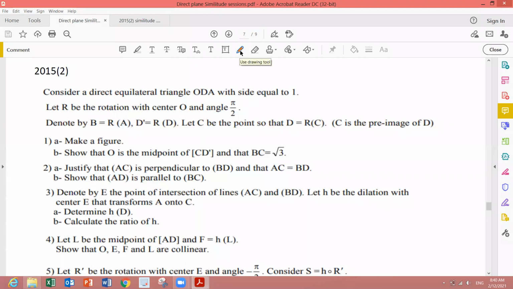Okay. So 2015, good morning, Thomas. Consider a direct equilateral triangle ODA with side equal to 1.